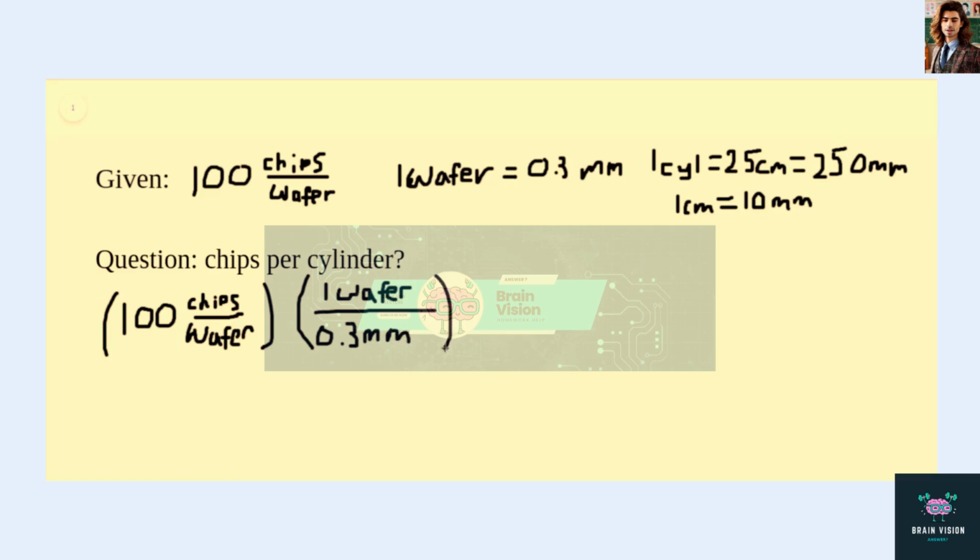Okay. And then we know that in order to convert this from units of millimeters, because now we're in chips per millimeter, we want it in chips per cylinder. Then to do that, we need to multiply that by our conversion from millimeters to cylinders. So we know that for every 250 millimeters, we have one cylinder.